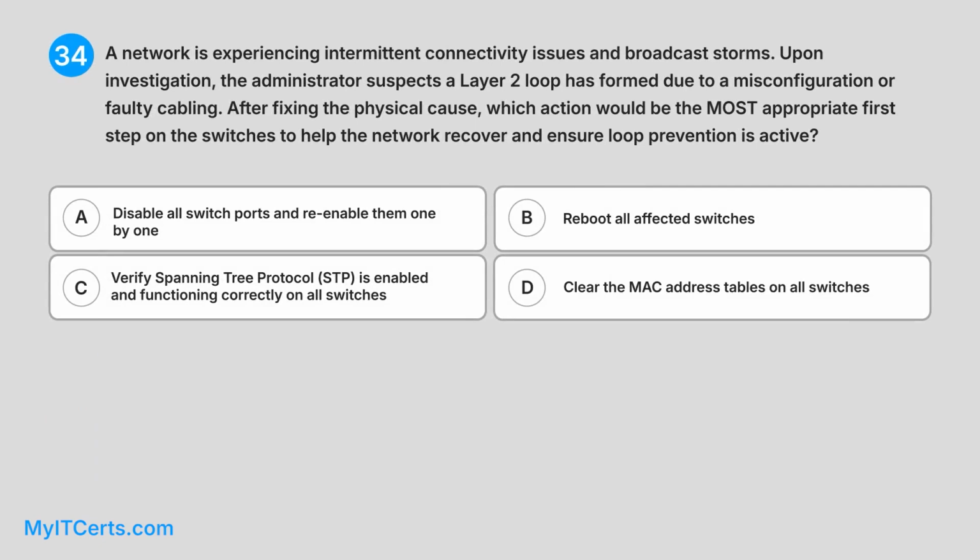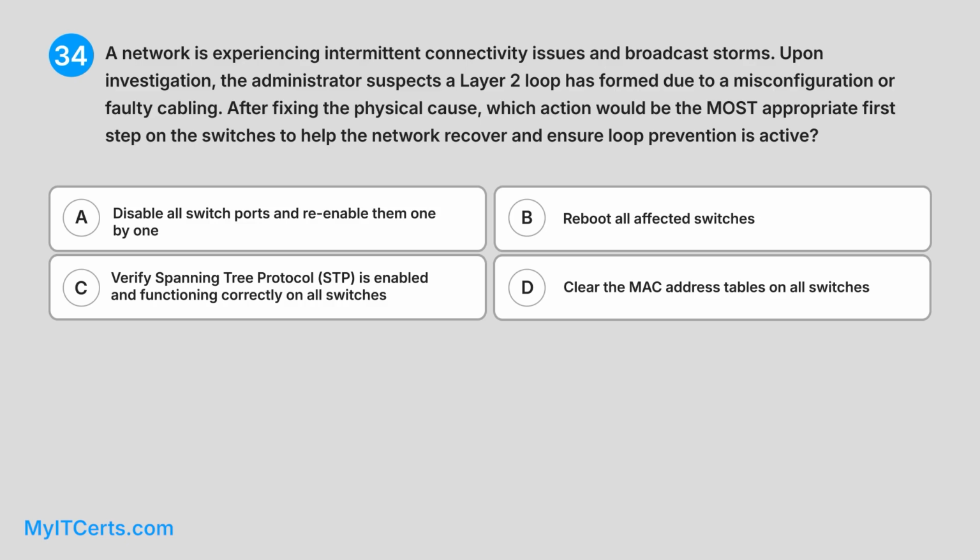34. A network is experiencing intermittent connectivity issues and broadcast storms. Upon investigation, the administrator suspects a Layer 2 loop has formed due to a misconfiguration or faulty cabling. After fixing the physical cause, which action would be the most appropriate first step on the switches to help the network recover and ensure loop prevention is active?